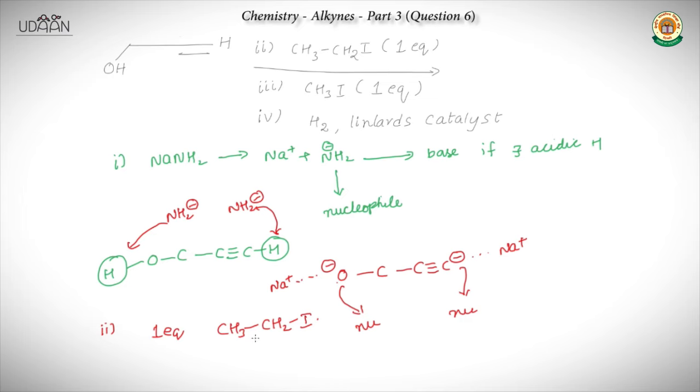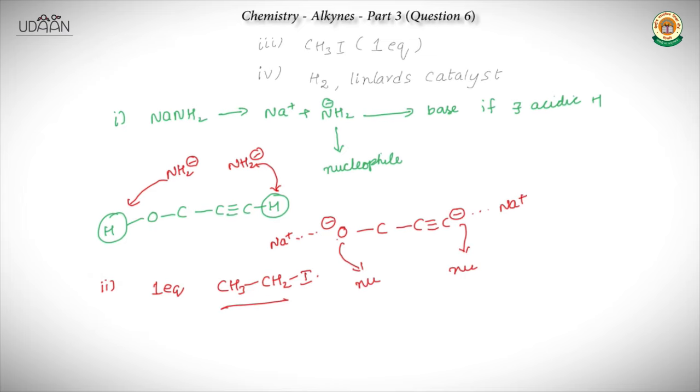Since you have only one equivalent of this ethyl iodide, you have to tell which of these is the better nucleophile. We already discussed that in C triple bond C, the carbon is less electronegative than oxygen.